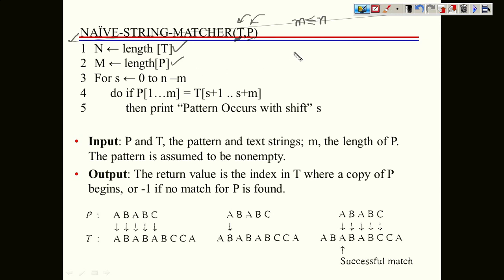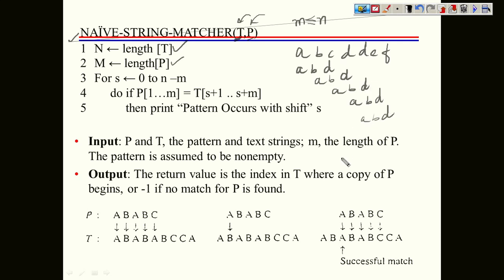It means if the text is a b c d d e f and you are searching for a b d, for example, once you reach here and this is not matching, then you reach here, then you match a b d here, then you match a b d again, and then you match a b d.